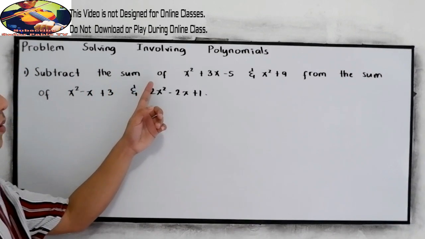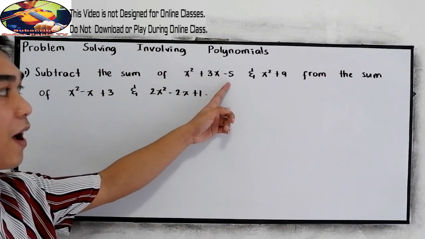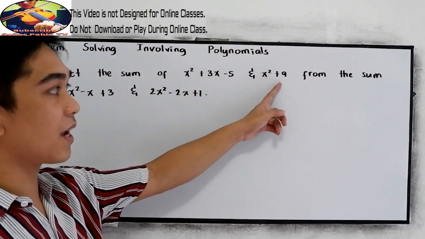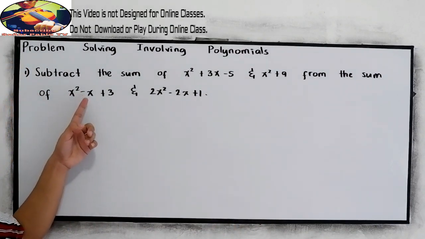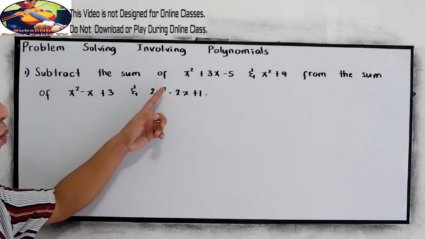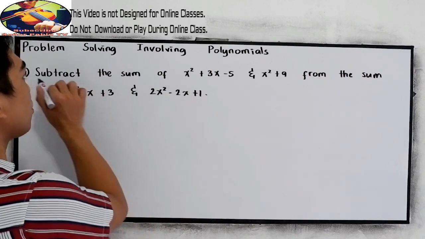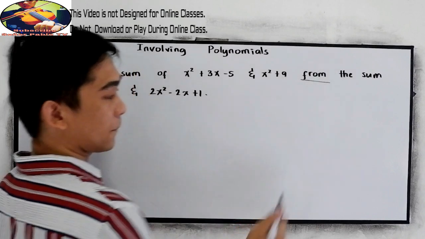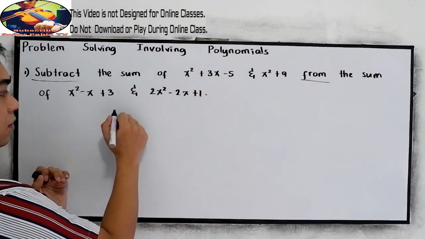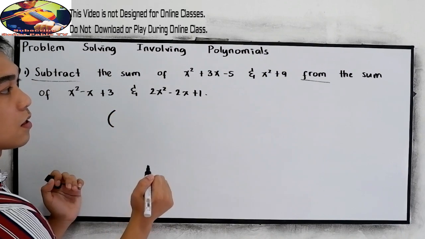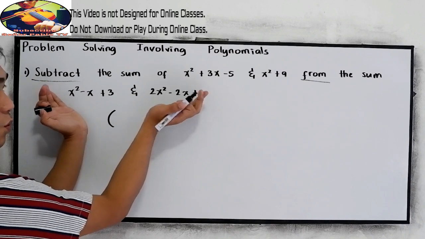Subtract the sum of x squared plus 3x minus 5 and x squared plus 9 from the sum of x squared minus x plus 3 and 2x squared minus 2x plus 1. So we're going to subtract from this. So first we need to get the sum of this one.